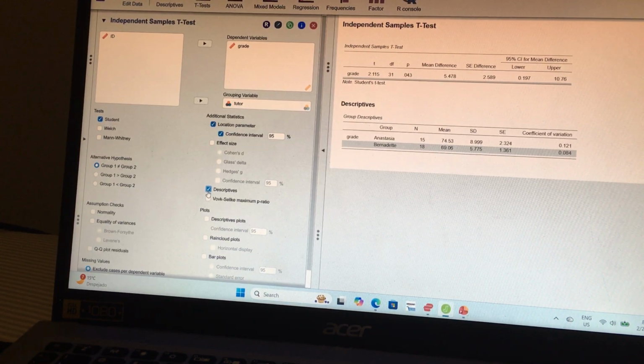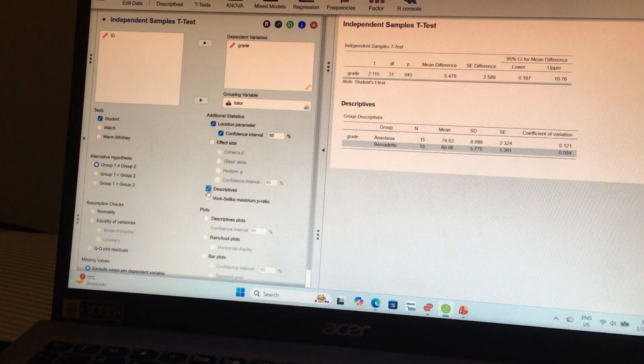It is pretty important, again, to be clear on what this confidence interval is referring to. So it is a confidence interval for the difference between the two group averages or two group means. So again, in our example, with the Dr. Harpo data set, we had Anastasia, that tutor, and her students had an average grade of 74.533 points.